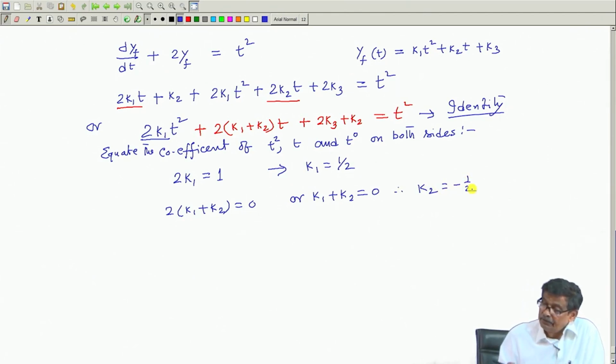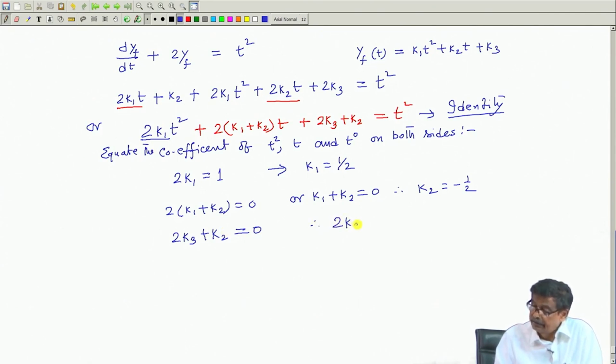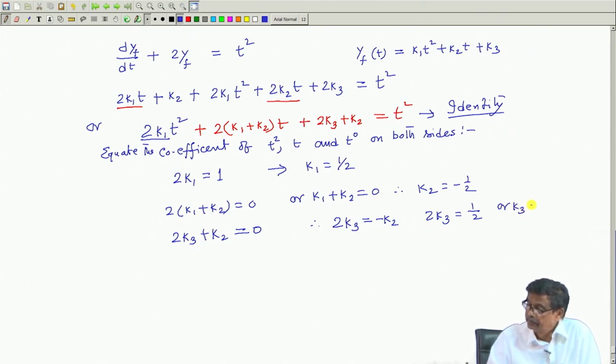Finally, 2 k3 + k2 is the constant term, and on the right hand side there is no constant. So, that is also equal to 0. Therefore, 2 k3 is equal to minus k2, or 2 k3 is equal to half, so k3 is equal to 1 by 4.